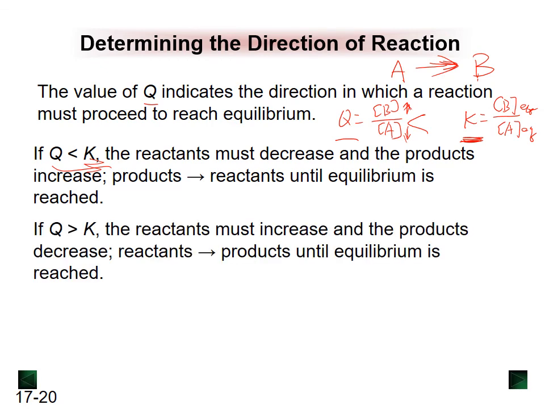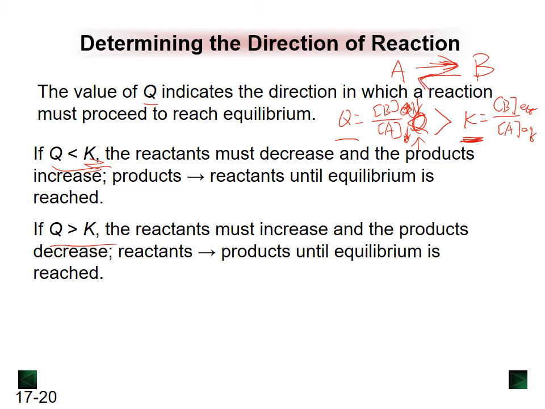On the other hand, if Q is already greater than K, the reaction must proceed so that eventually it equals K. So how to do that? It must decrease B and increase A: decrease the product, increase the reactants. To do that, it must go reverse.